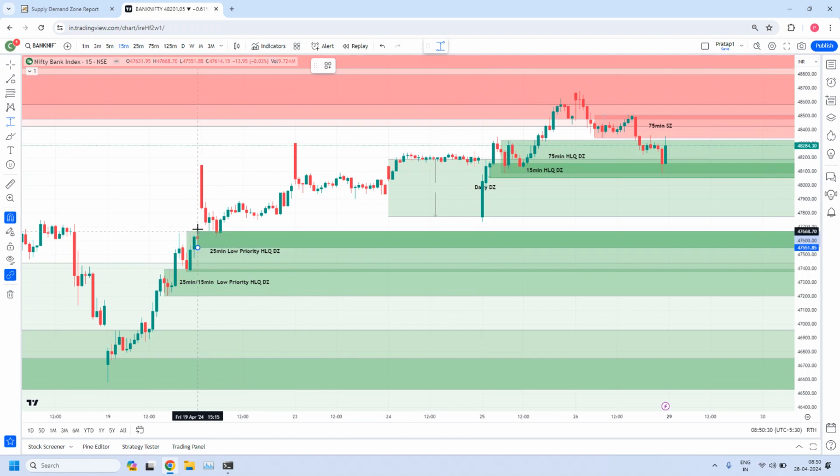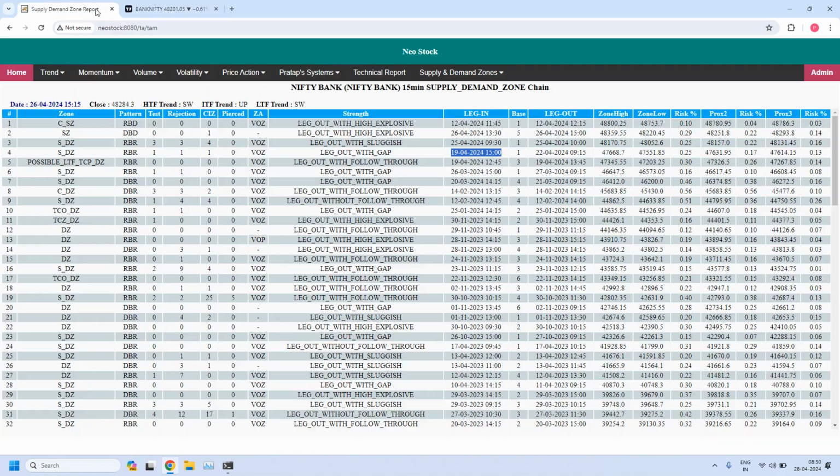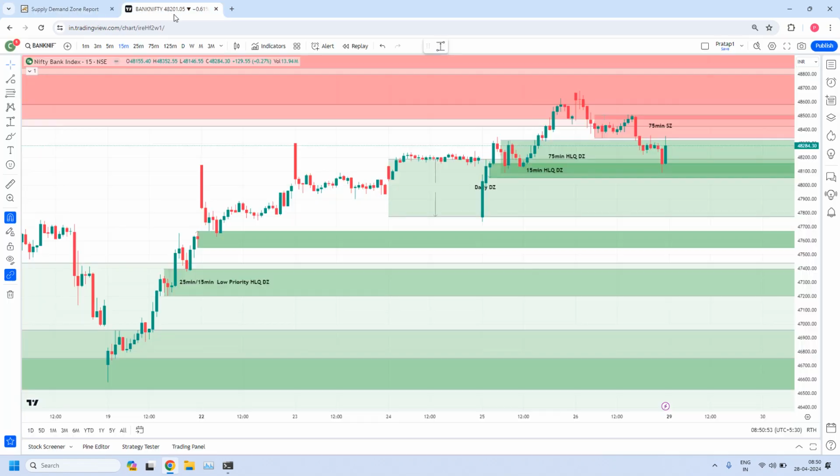This is a high liquidity zone. For 25 minutes, it is a low priority. But for us, it is a... So that's why what I do, I will remove this 25 minutes because this is a high liquidity zone.